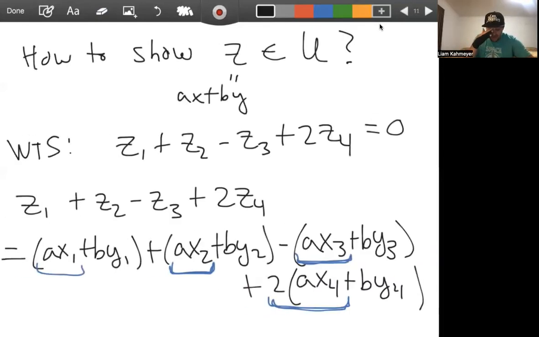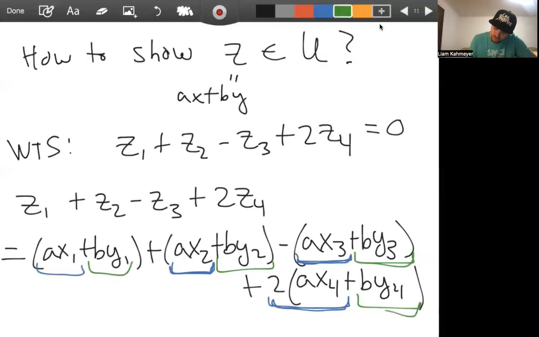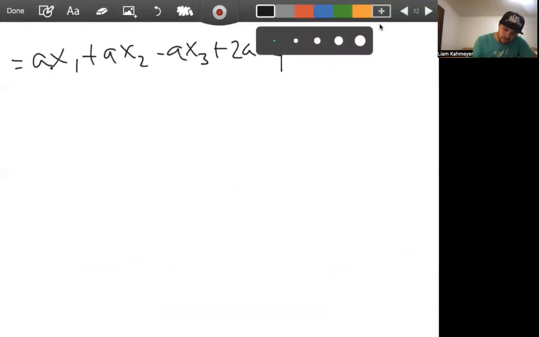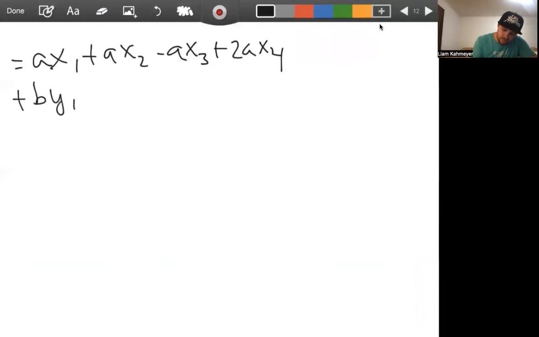And we can do the same thing for the y terms. We have by1 plus by2 minus by3 plus 2by4.